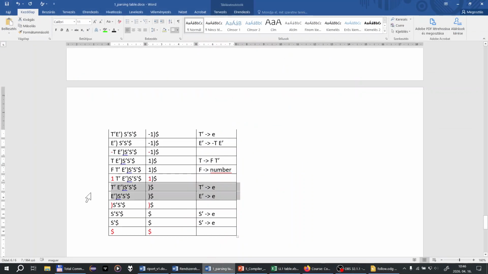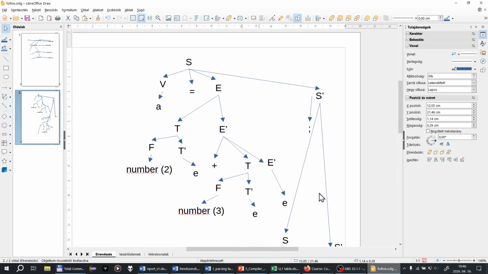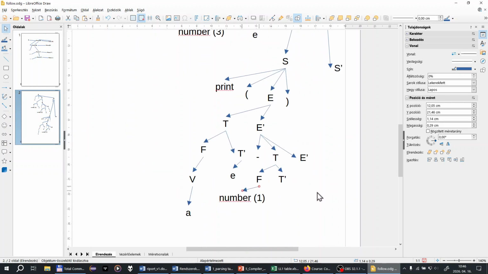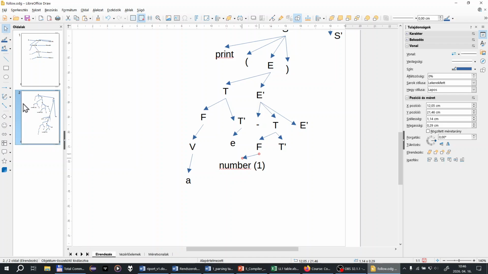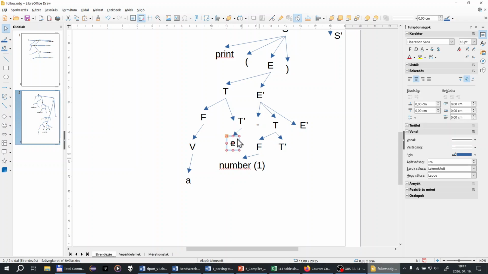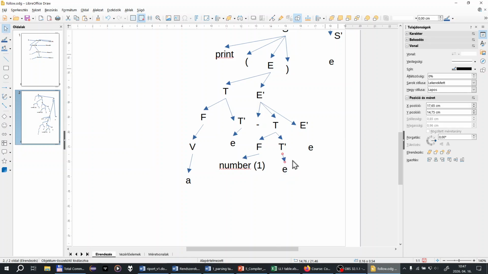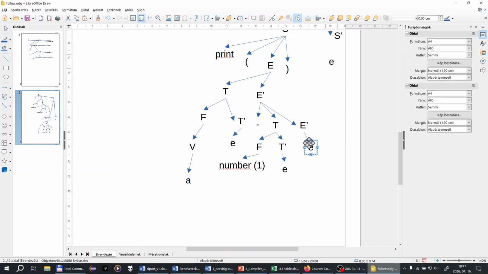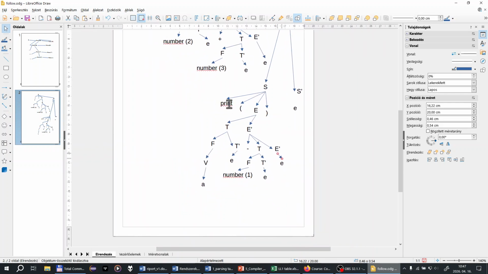And then T prime to E, E prime to E, S prime to E. Okay, T prime to E. And S prime to E. And that's it. Okay, I try to improve its arrangement a little bit.